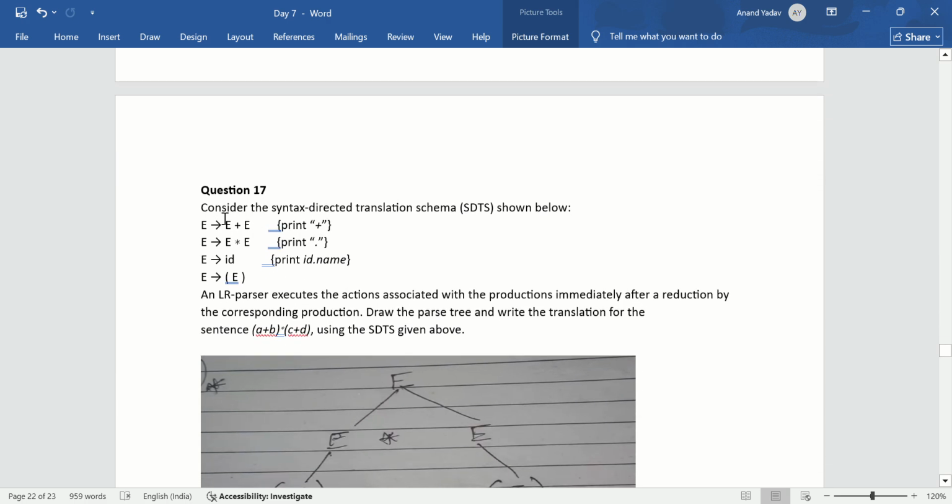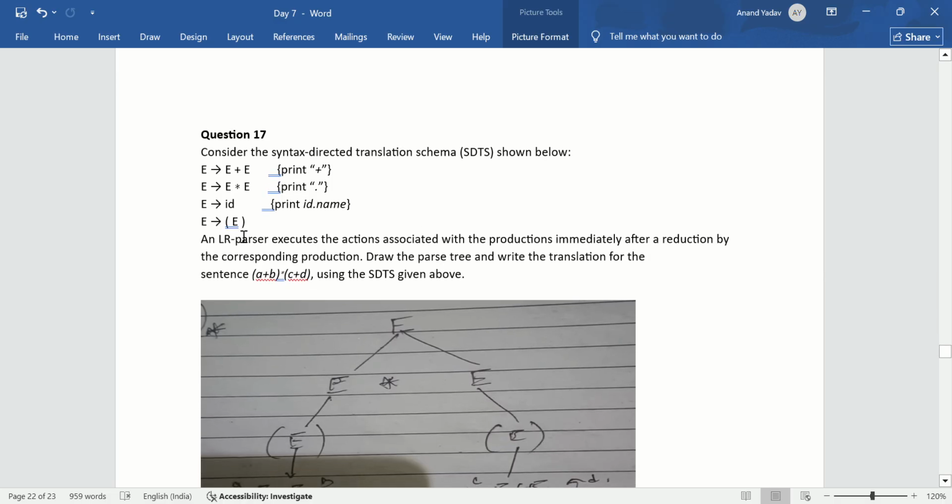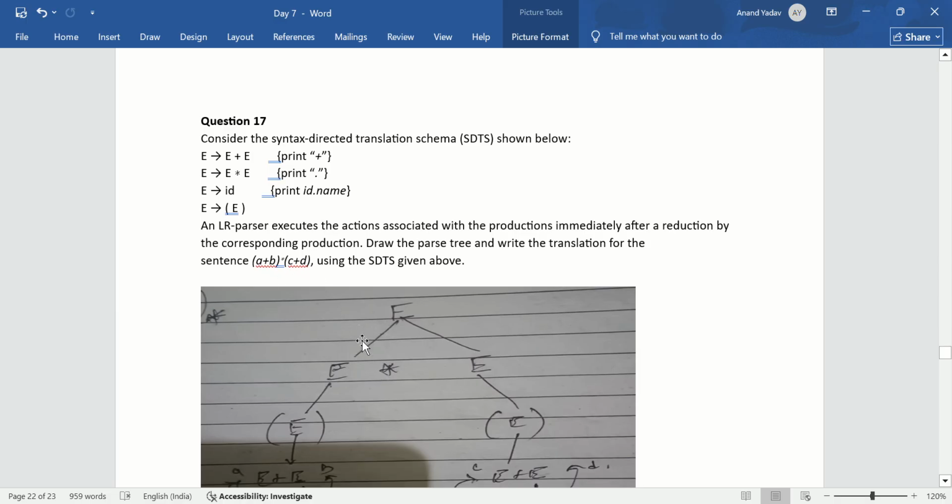Now next one is question 17. Consider the syntax directed translation associated with this sentence using the SDTS. It basically asks to draw the parse tree for this translation.